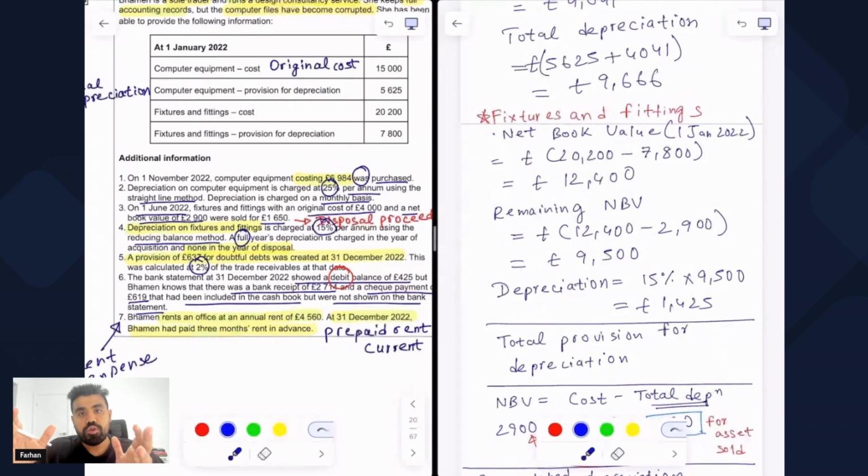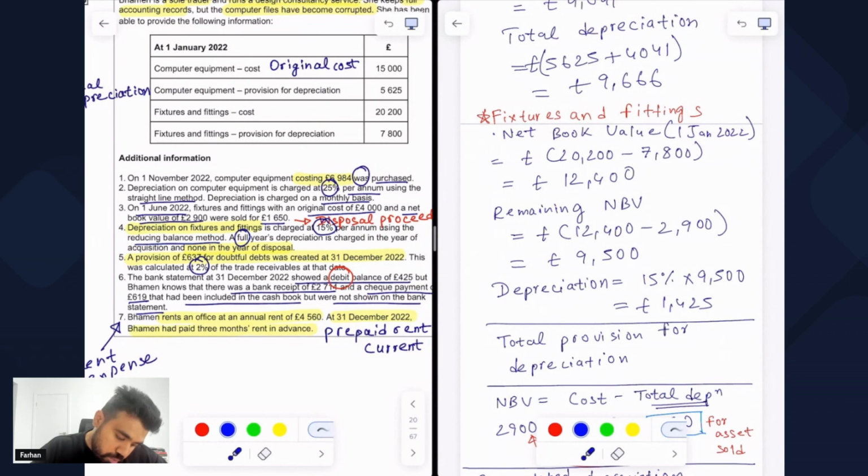But when it comes to using the reducing balance method, we always would want to calculate the net book value for the asset first. And this is where the key difference is between straight line and reducing balance method. Reducing balance method will apply the percentage on the net book value, while the straight line method will apply the percentage on the original cost.